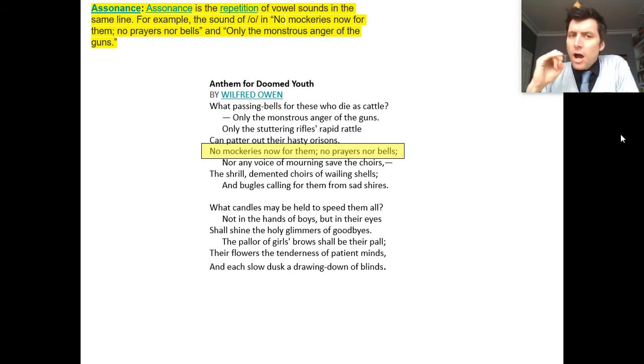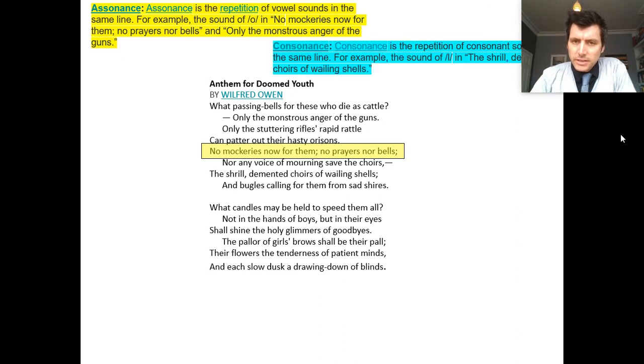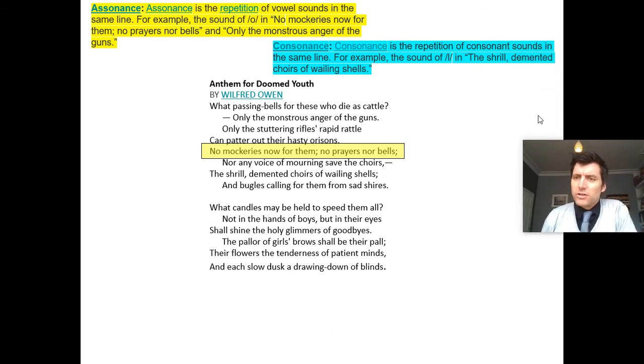Also within the only monstrous anger of the guns, the "o" sound is repeated within that element of the sentence as well. Consonance is where, rather than a vowel sound, we've got a consonant sound in the same line. So here we've got the shrill, demented choirs of the wailing shells.